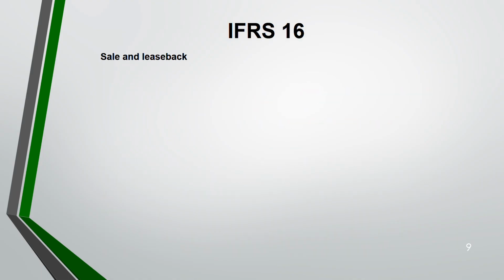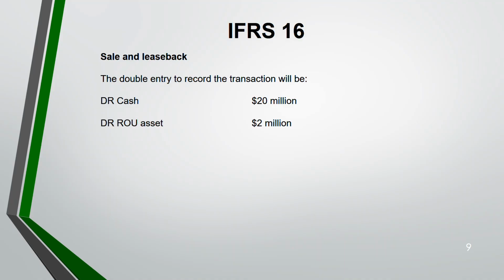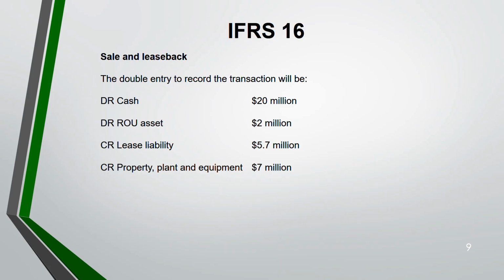Now, the double entry: debit cash 20, because you're selling and you are receiving the cash. You have to debit the right of use asset, because it's a sale and you have taken it under lease, so 2 million. And then you have to credit the lease liability 5.7, and also credit property, plant and equipment, because you are selling it, at the carrying amount, that is 7 million.